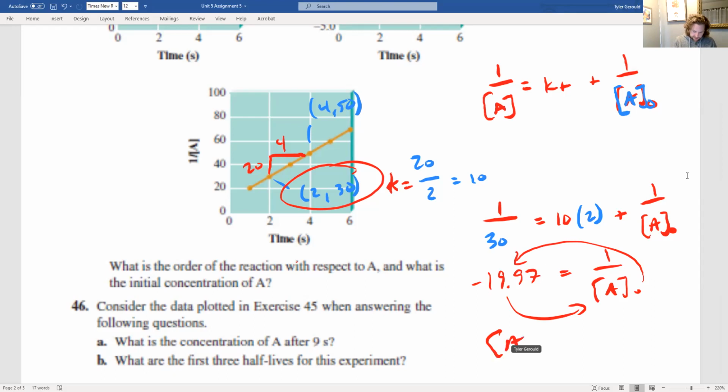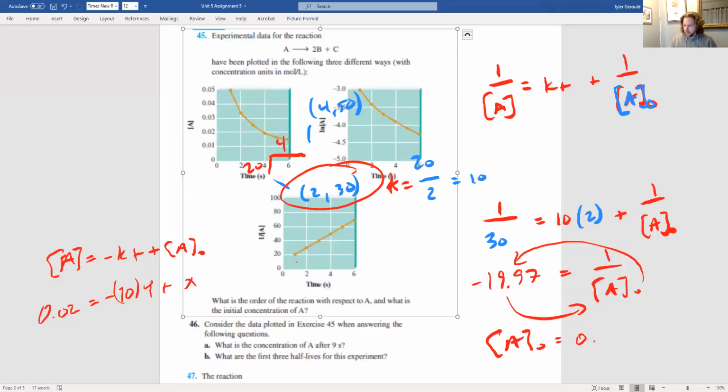So the initial concentration looks like it's going to be... Notice the little brick wall I reached here. Notice what happens. The numbers don't really match up. This gets a weird number, it becomes negative. Something happened here. So let's back up.